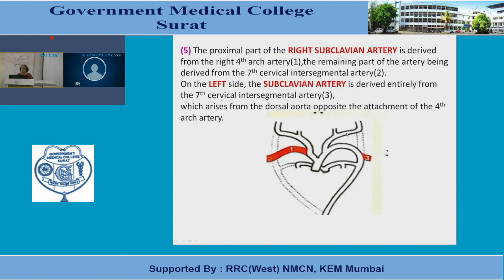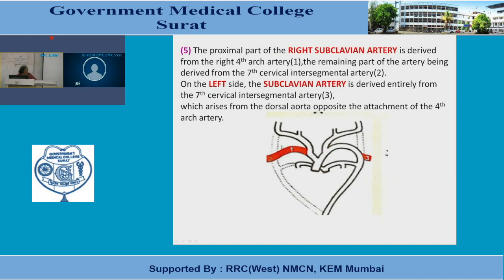You can see this is the third arch artery, this is the fourth arch artery, and this is the sixth arch artery. Here you can see the branch to the lung bud. So this is about the pulmonary trunk. This is about the ascending aorta in the region of the aortic sac. Now here you can see the right horn and left horn of the aortic sac.